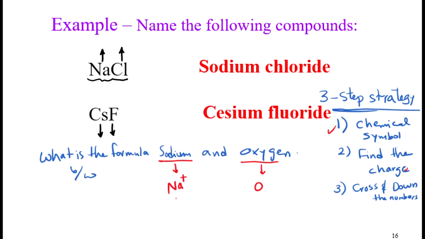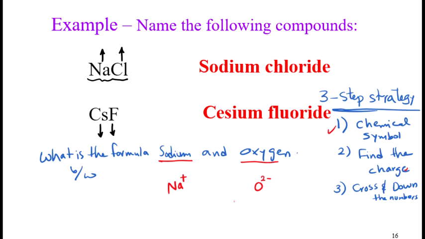If you remember, for metals the charge is the same as the group number. Oxygen, group number minus 8. Group number 6, minus 8, 2 negative. So the charges for Na and oxygen are written here. Always you have the periodic table, you don't need to memorize.